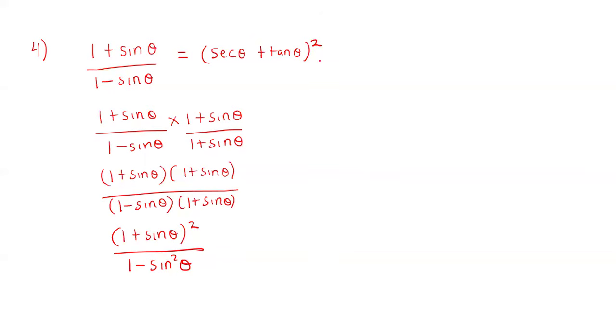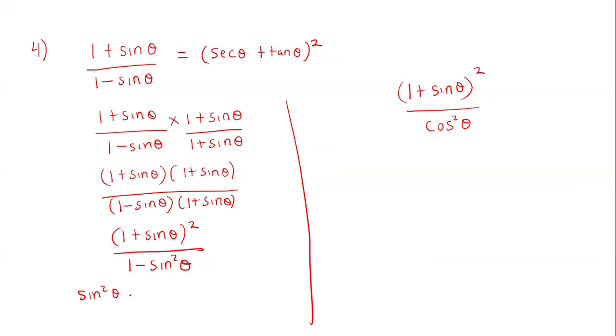Then from your identity, 1 minus sine squared theta, what is it equal to? All members already know that it is the same as cos squared theta. You get it from here that sine squared theta plus cos squared theta is equal to 1, meaning that cos squared theta is the same as 1 minus sine squared of theta.